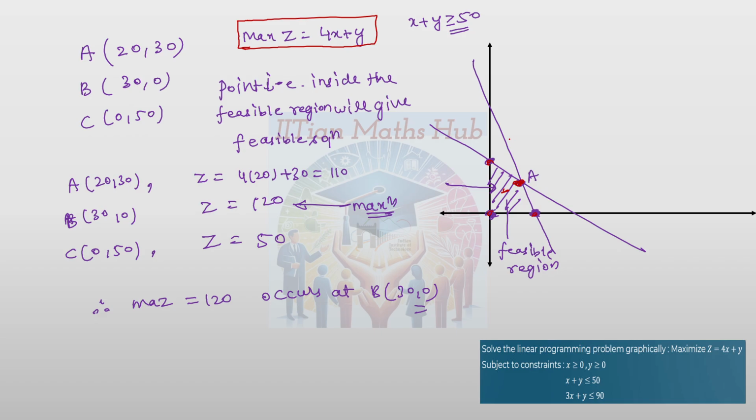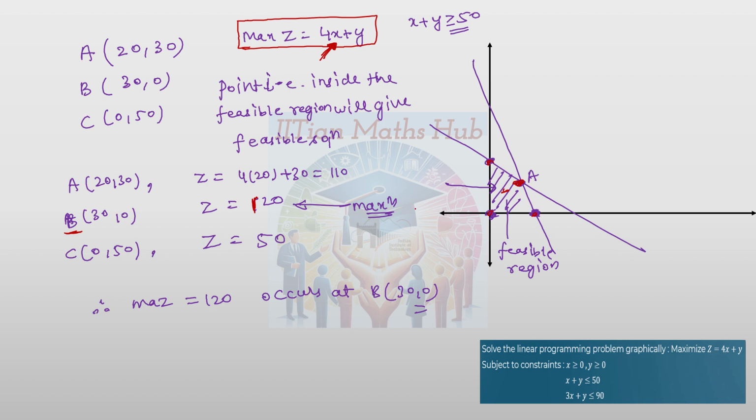One of these points will give you the maximum z value, and that is actually occurring at point B. For (0, 50), in the z value we have to put these points.